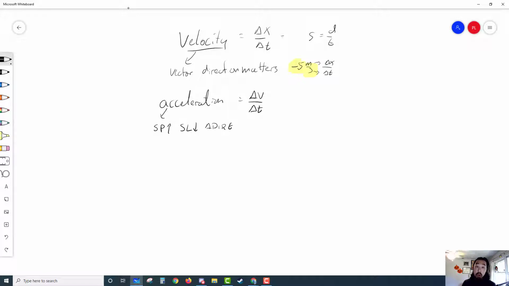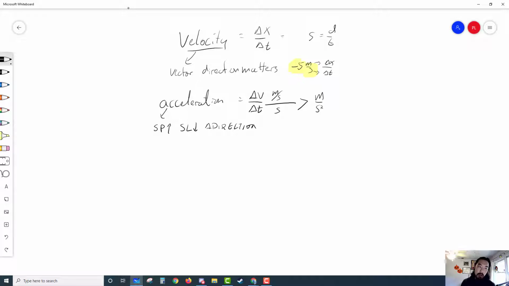In a car, there are three things linked to acceleration: the gas pedal helps you speed up, the brakes help you slow down, and the steering wheel helps you change direction. So those three things help your car accelerate. If it's a change in velocity over a change in time, we have units of meters per second over second, which gives us meters per second squared. All right, so that's our units.